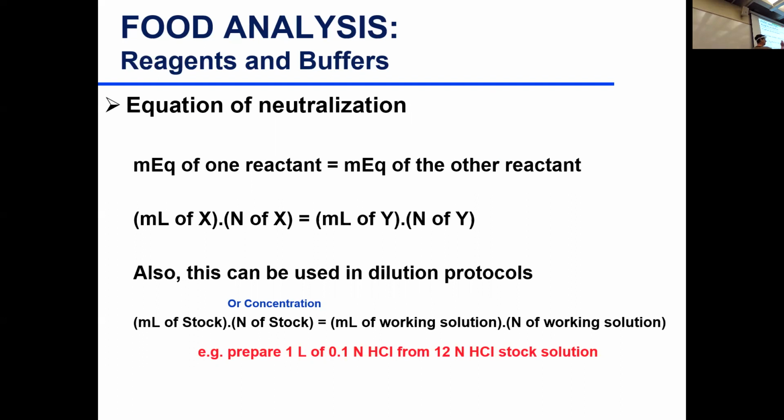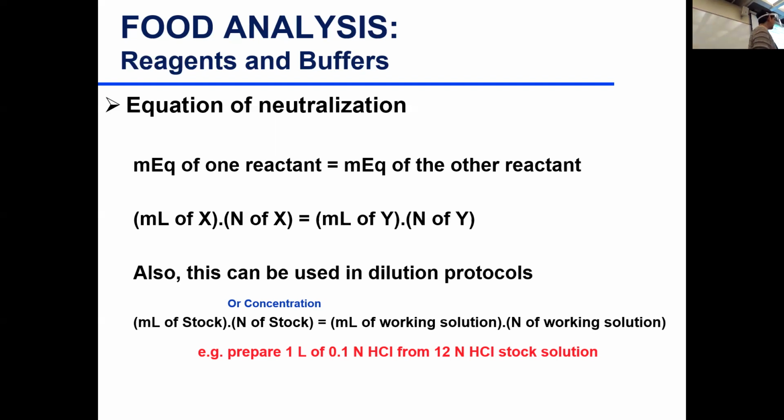If you have an acid-base reaction, that would be milliliters of the acid multiplied by the normality of the acid, and milliliters of the base multiplied by the normality of the base. We're going to use that quite a bit when we are doing titration type of reactions. But for preparing reagents, this is going to be our key equation to determine dilution protocols.